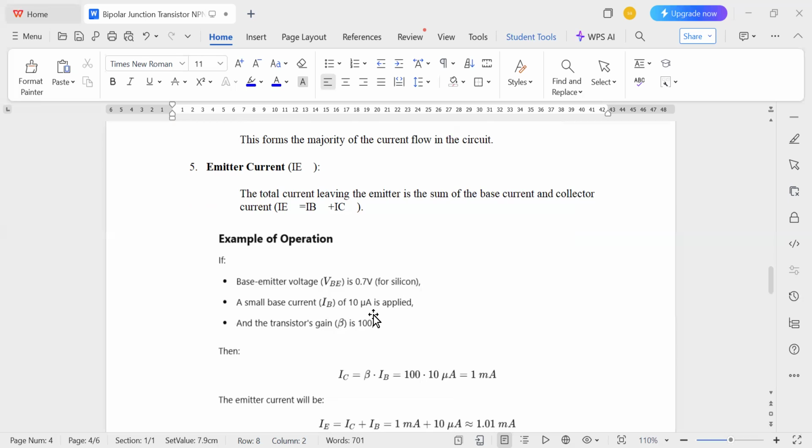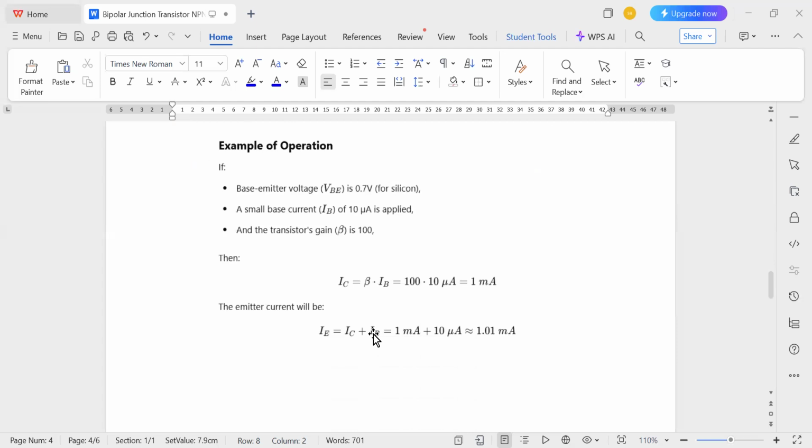Before that, you must know what current gain is. Current gain is represented by beta. The gain beta of a transistor, also called current gain, measures how effectively the transistor amplifies the current. It is defined as the ratio of collector current to base current: beta is equal to IC by IB.